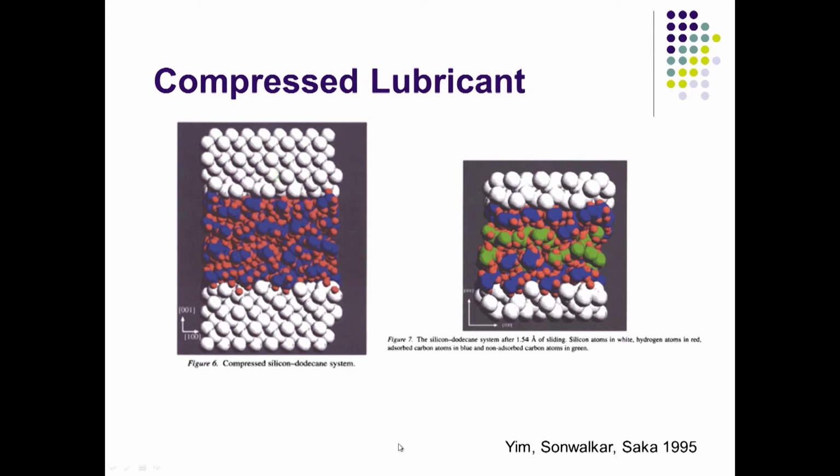On the right hand side, the green atoms are non-absorbed ones, and the blue atoms and red atoms are the absorbed. The green ones are the non-absorbed, so they are essentially connected with the blue atoms which are absorbed.